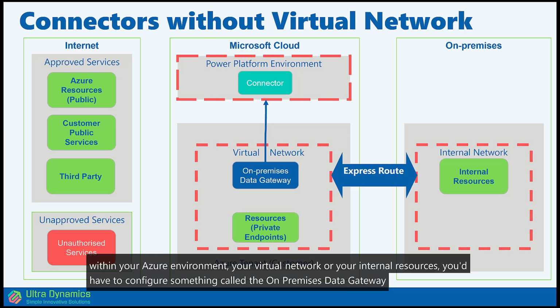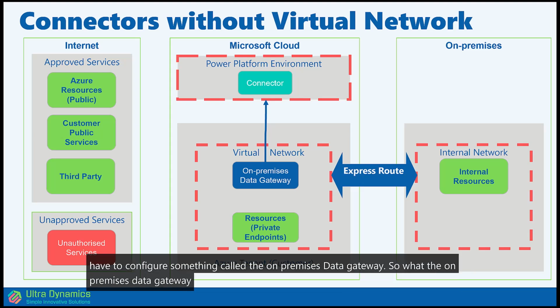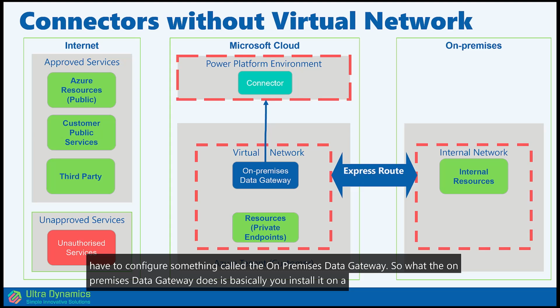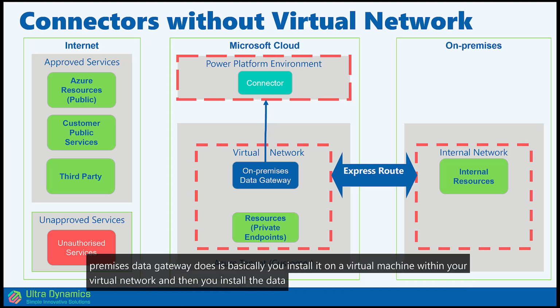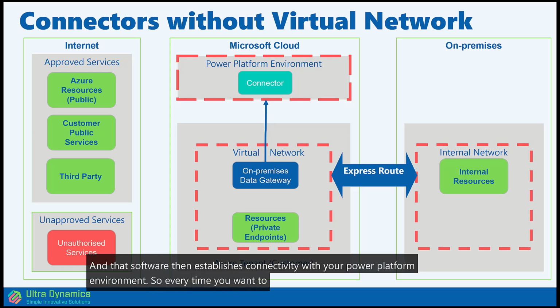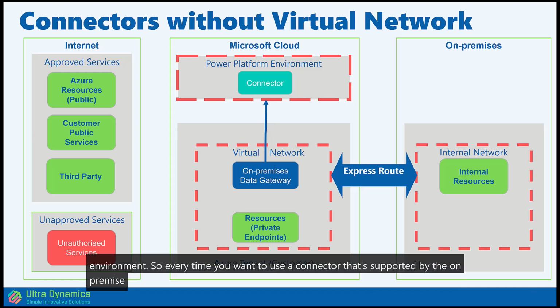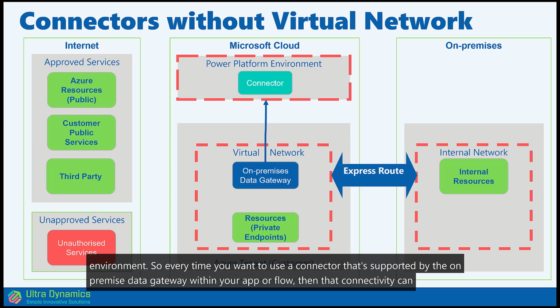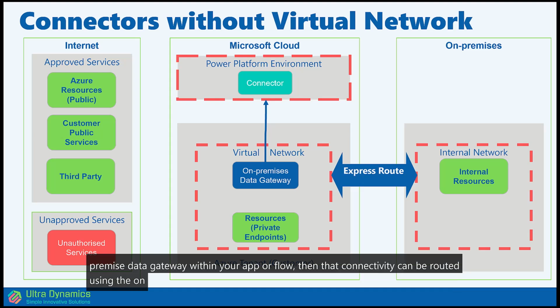So what the on-premises data gateway does is basically you install it on a virtual machine within your virtual network, and then you install the data gateway software, and that software then establishes connectivity with your Power Platform environment. So every time you want to use a connector that's supported by the on-premises data gateway within your app or flow, then that connectivity can be routed using that on-premises data gateway.